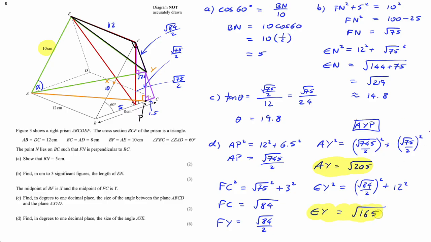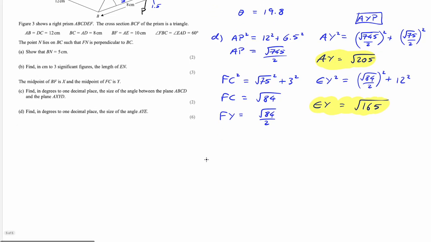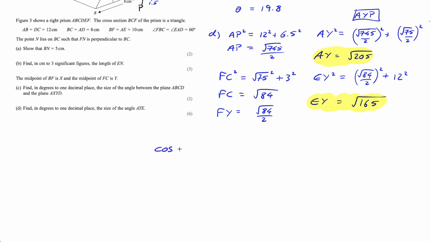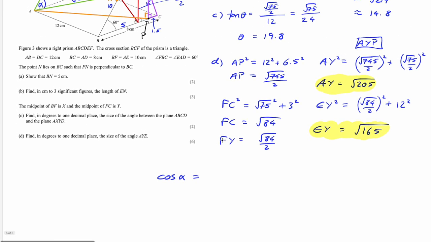Okay, now, thankfully, guys, this question is brutal. I can just use cosine rule, because I want alpha. I have this length, this length is root 205, and this length is root 165. Don't know why that's happening, guys. Okay, so I can do cosine. Let's do it here. Cosine alpha. I'm going to assume, guys, you're comfortable with the cosine rule.